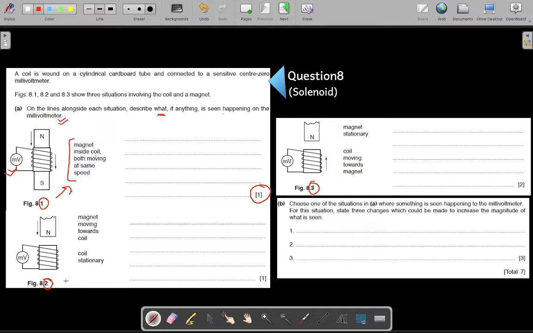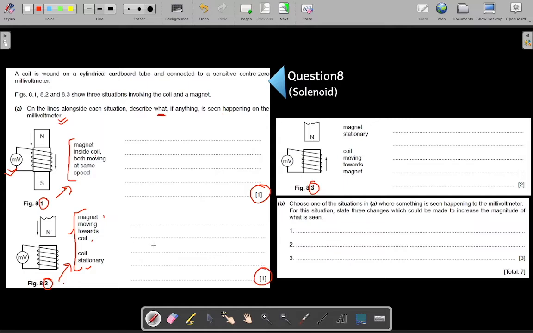Alright, for the next part, the magnet is moving towards the coil and the coil is stationary. So this is what is happening. The magnet is moving but the coil is stationary. So is there relative motion between them? Yes, they are moving with respect to each other. So what do you think happens? It's just a 1-mark question.